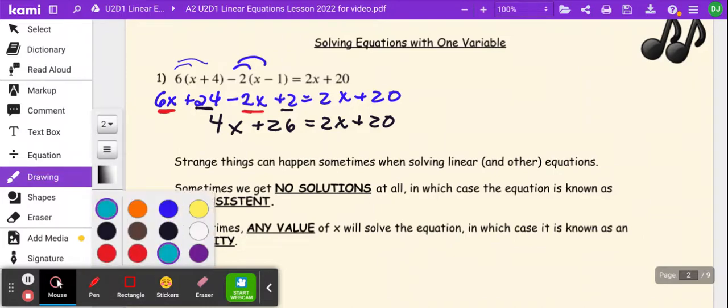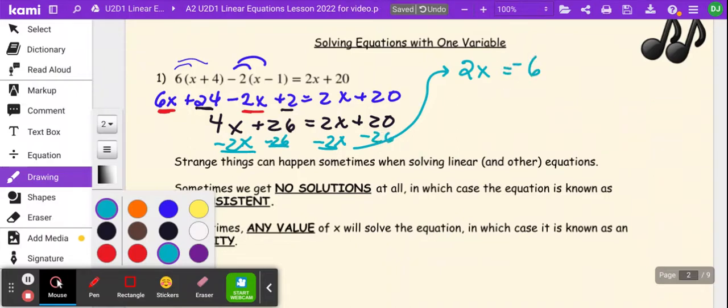Well, let's subtract the 2x from both sides. I'm just going to move this up here. And so what do we have here? We have 2x. And then at the same time, I'm going to subtract 26 from both sides because that'll be on the right side.